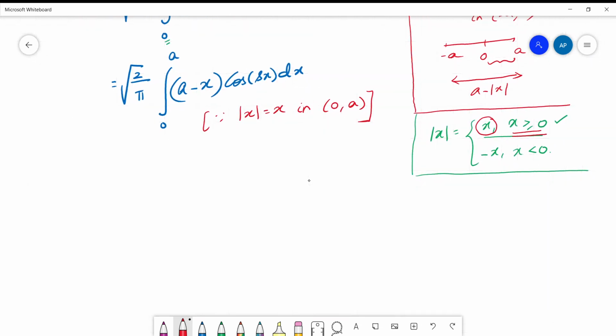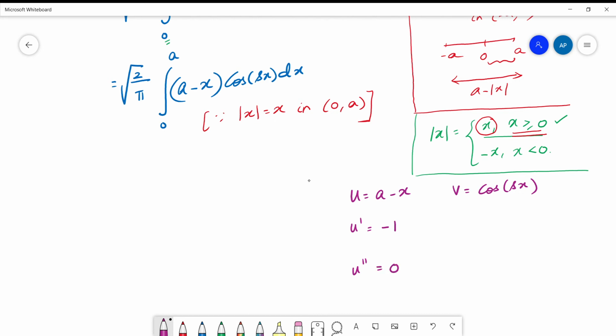Now we have a product of functions, so it's obvious that we have to take up the Bernoulli rule. Let me take u to be a minus x, v to be cos sx, and then I differentiate u consecutively until I get 0. So I get u dash is minus 1 and u double dash is 0.